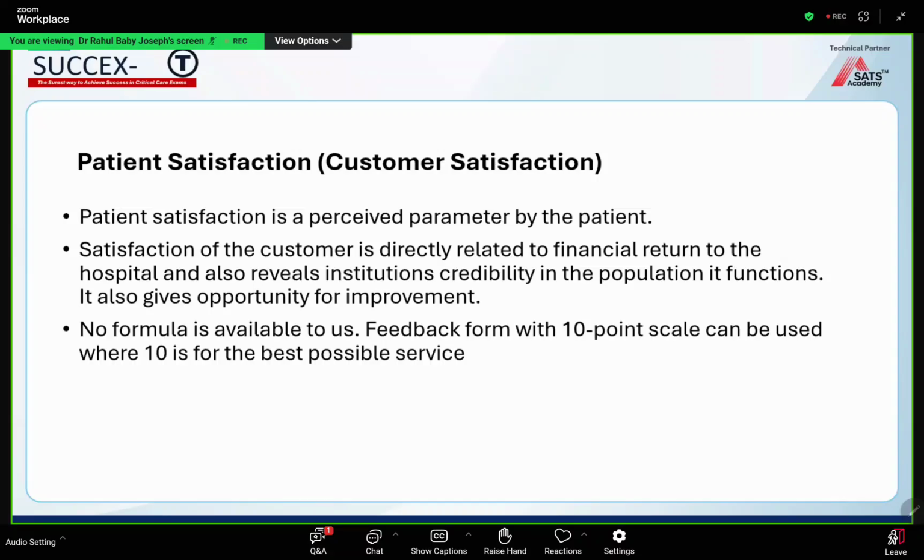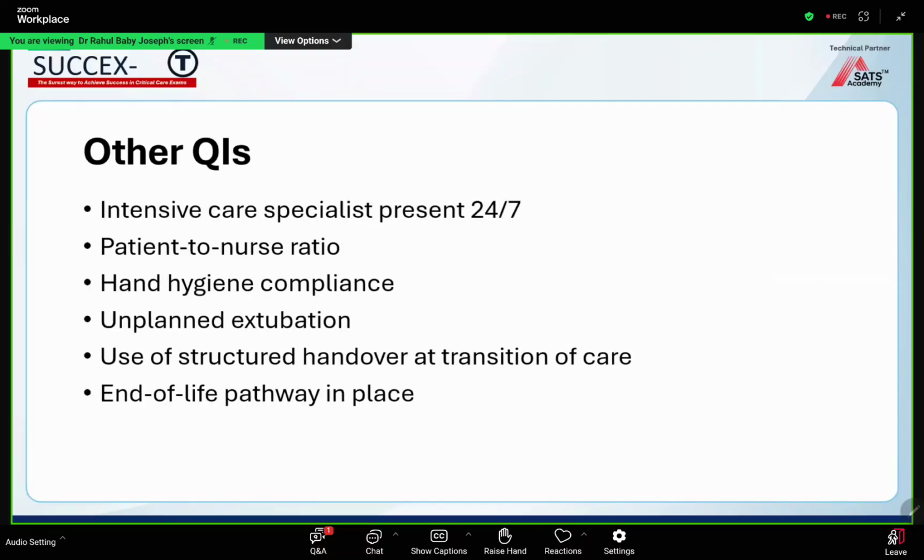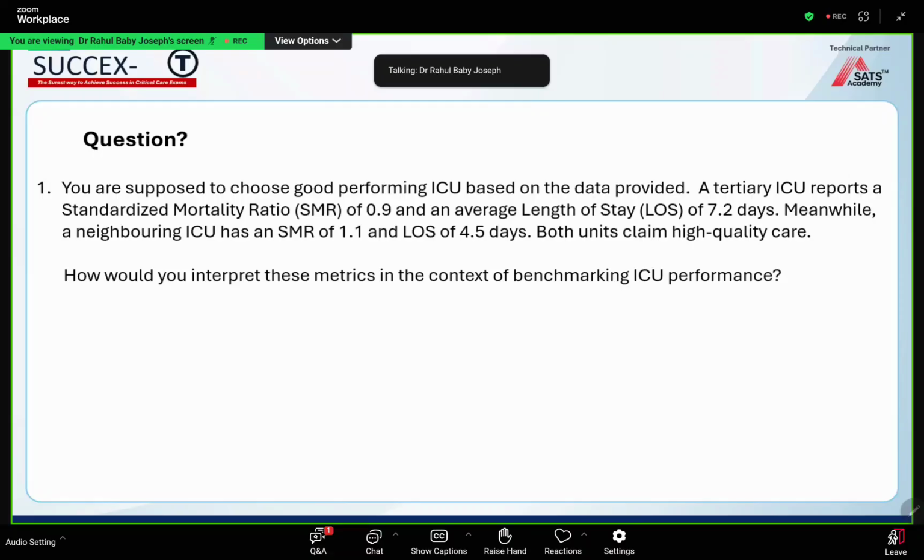These are mainly derived from feedback forms with a scoring of around 1 to 10, and 10 is the best possible service. There are other quality indicators also, like availability of an intensive care specialist throughout the day, patient to nurse ratio, hand hygiene compliance, unplanned extubations, end of life pathway in place. So these can also be mentioned.